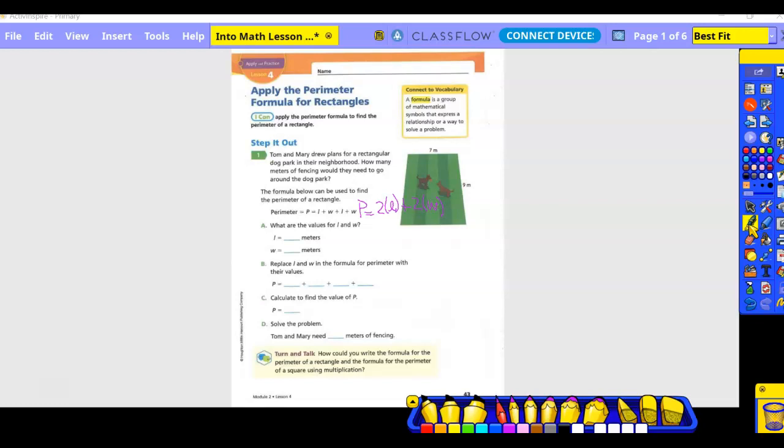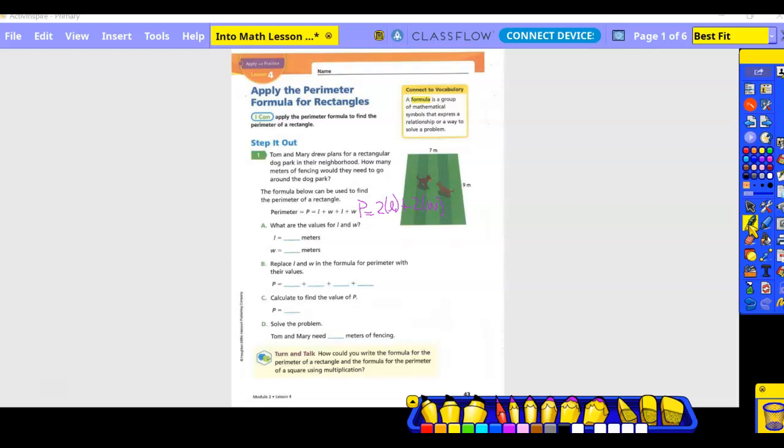So instead of writing L twice, you would just take 2 times whatever L is. Instead of writing W twice, you would take 2 times whatever W is and then add those two together. But we're going to go ahead and do what they're asking. And on your homework assignment, I want to see a formula, but I don't care if you do it the way they gave you, or the way I just showed you.